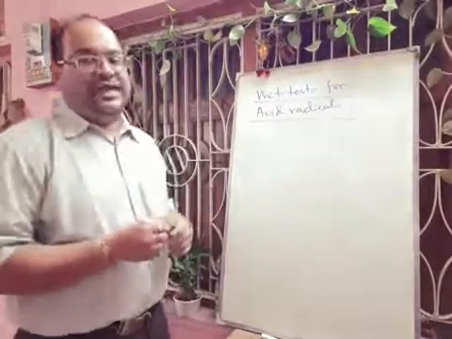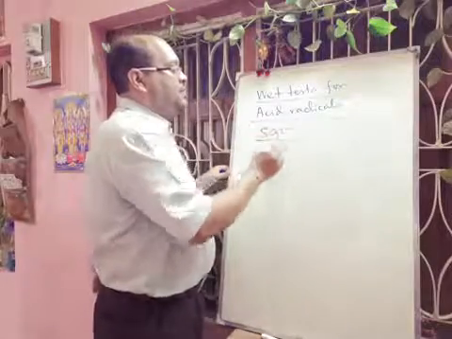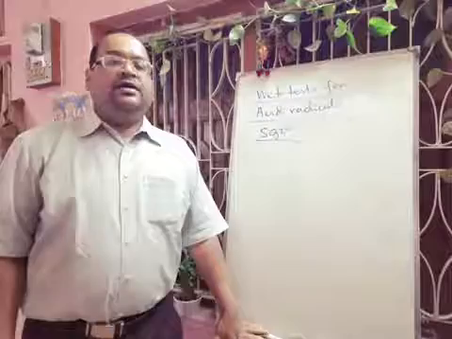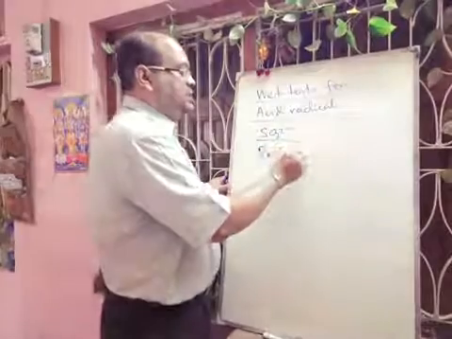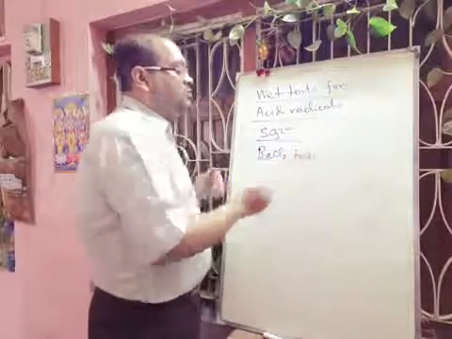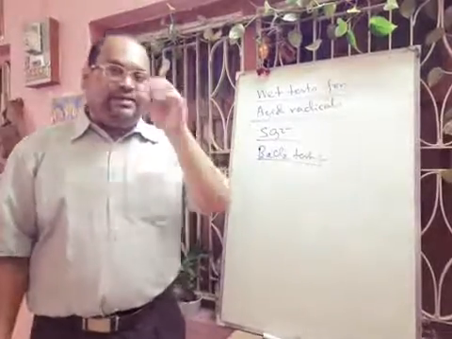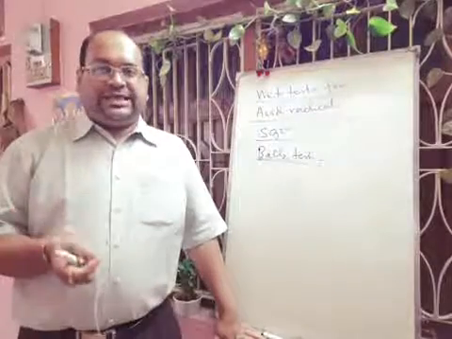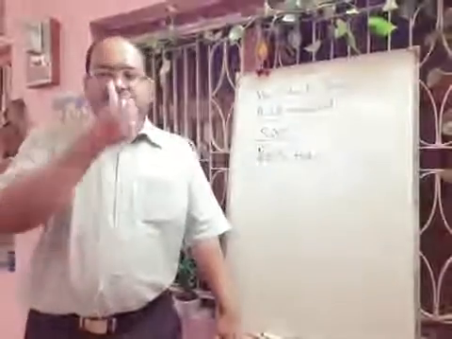Next we will discuss the sulfite, SO3 2-, radical. How to confirm the sulfite radical? You can do the barium chloride, BaCl2, test. Barium chloride solution is already kept in your reagent rack. You first take the sodium carbonate extract, then add barium chloride solution.